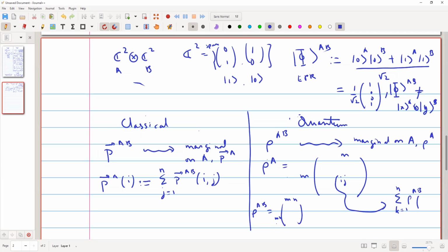And remember, AB is a tensor product space, so the rows are indexed by ij, i running over the computational basis of A, j running over the computational basis of B. The columns were indexed by kl, k running from 1 to m, l running from 1 to n. So rho AB, if I have to specify an element of rho AB, I will specify it by ij comma kl. Now I want to specify what is the ijth element of rho A. So that is, go to rho AB and take the ijth.